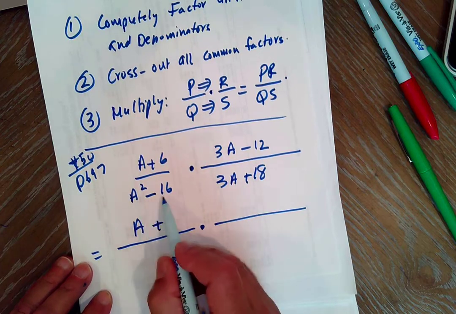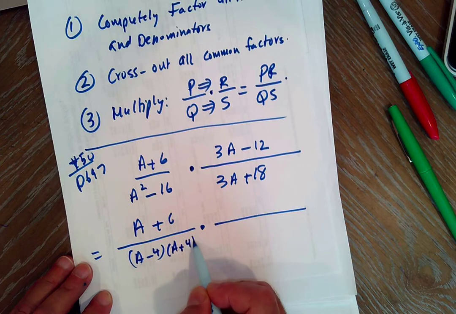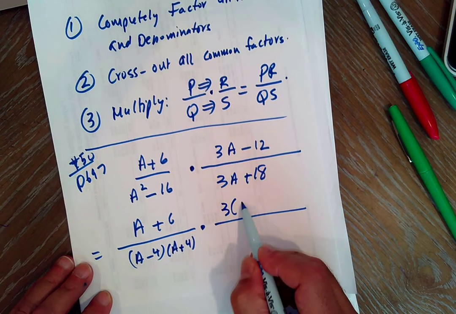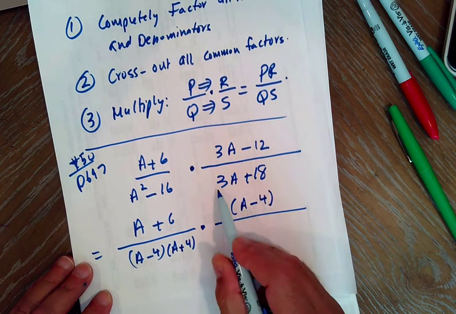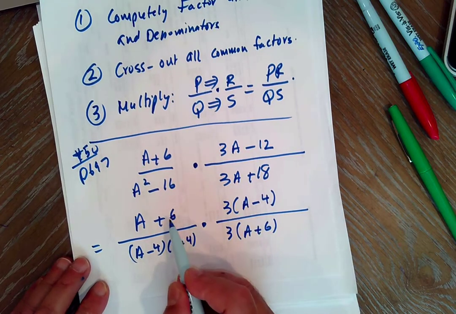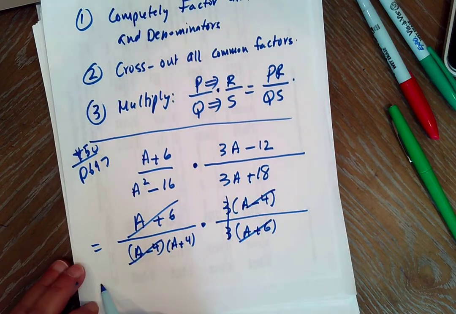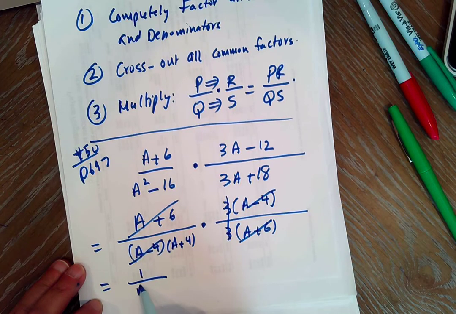That's the difference of two squares, a minus 4, a plus 4. 3a minus 12, we can pull out the 3 as a common factor, and same at the bottom, a plus 6. And now we can cancel common factors out, a minus 4, the 3. So we have nothing left on top, which is a 1, and then at the bottom, a plus 4.